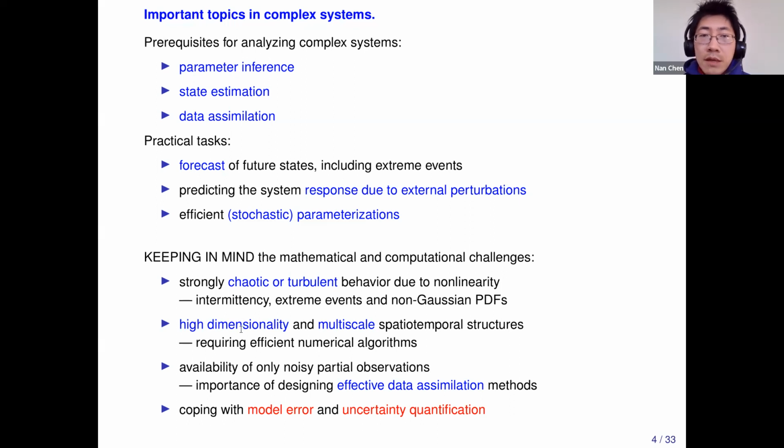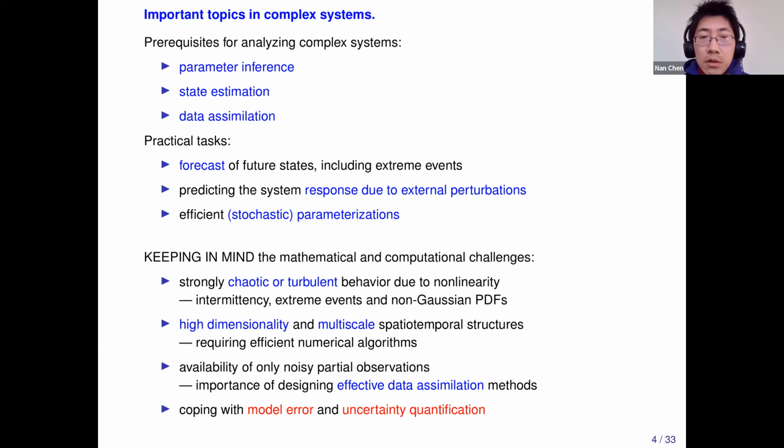Also, many of these systems are very complicated. If you look at the phase space, then the dimension of the system will be very large, and the systems usually have multi-scale spatial temporal structures. So we have to think carefully about how to design efficient numerical algorithms to overcome these computational difficulties.